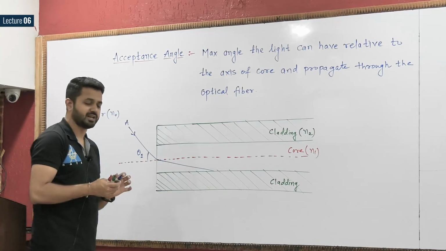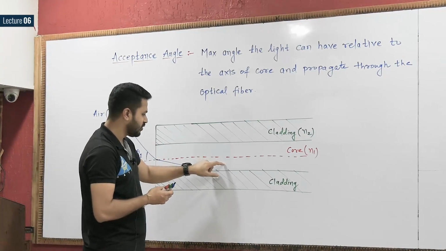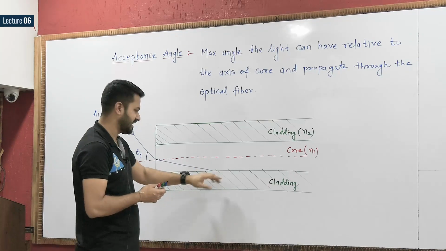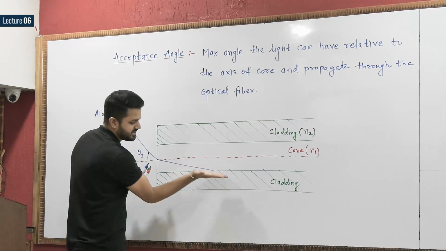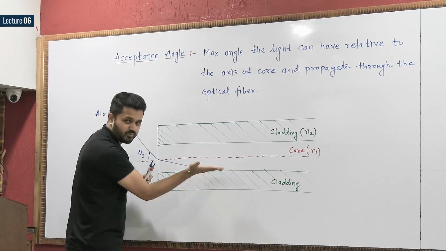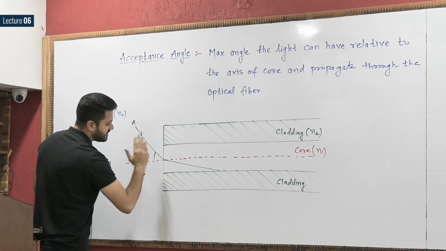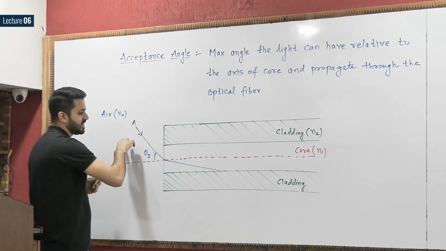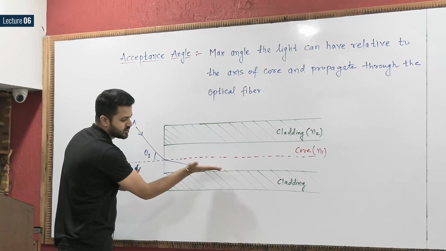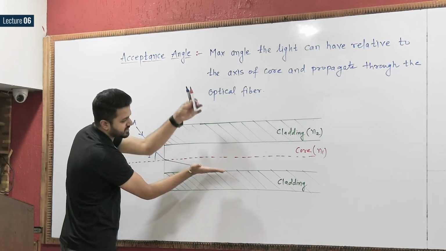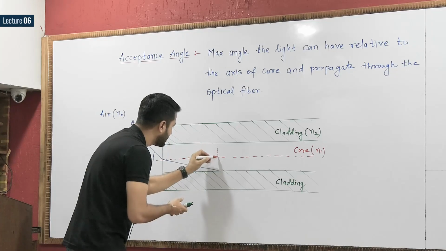But what is the normal here? This is the core and this is the cladding. The core and cladding interface this time is in this horizontal plane, which is the boundary between core and cladding, while the vertical plane is the boundary between air and core. So the normal of this boundary will be perpendicular to this, that is nothing but this line.